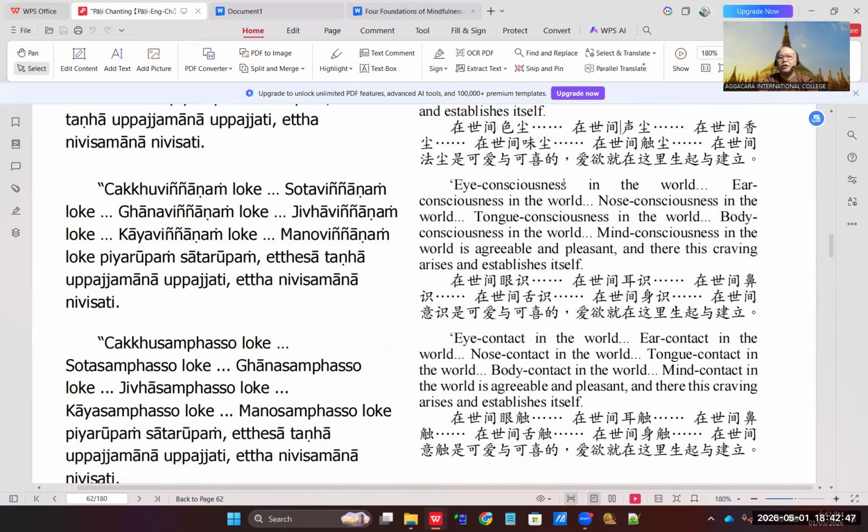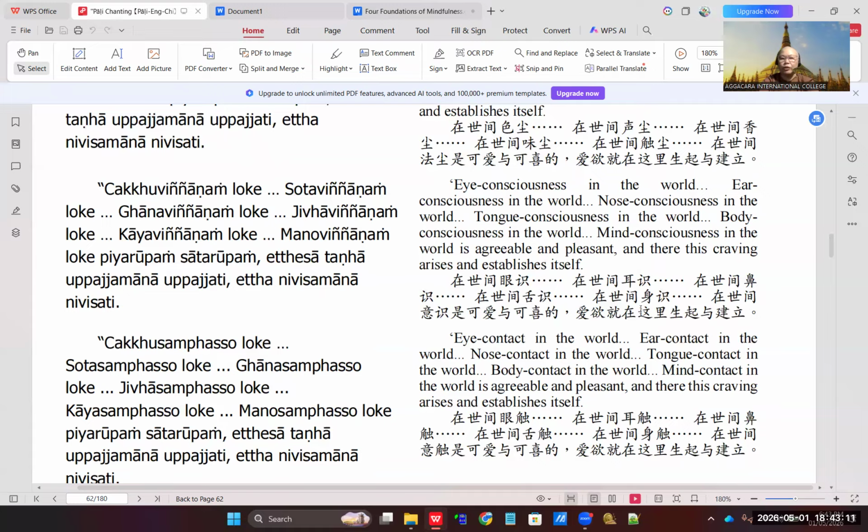So what is eye consciousness? It's like when you see something, the mind that knows the sight, the mind that knows the sound, the mind that knows the smell, the mind that knows the taste. As long as the mind takes on a good object, it's called agreeable and pleasant.